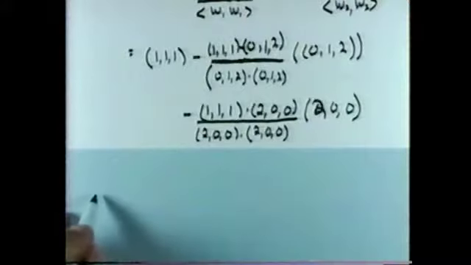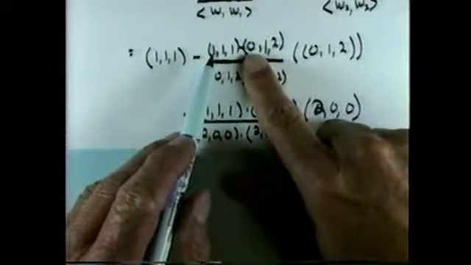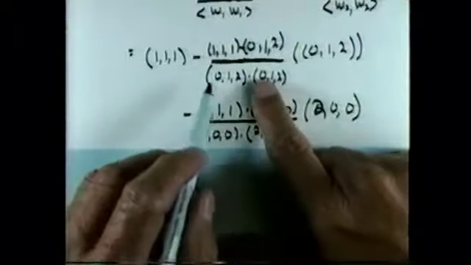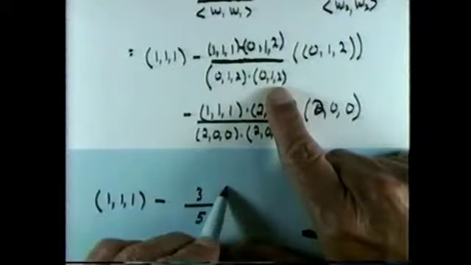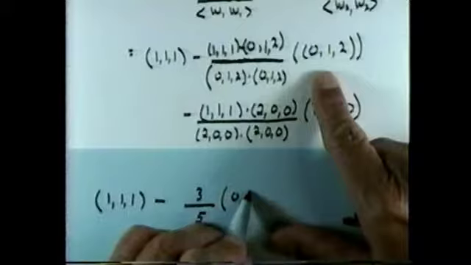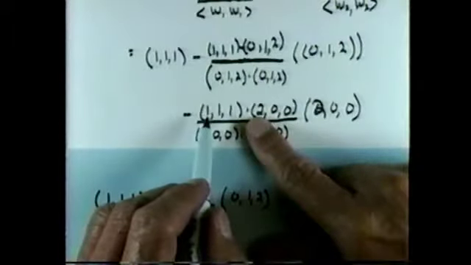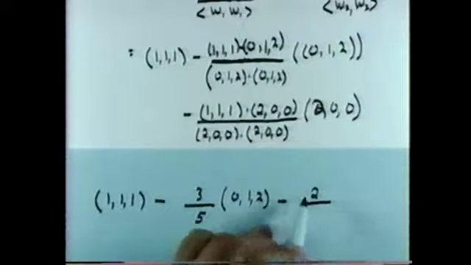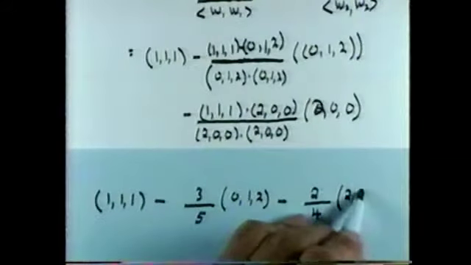Now this is going to be (1, 1, 1) minus, okay, I need to do this dot product, 1 times 0, 0 plus 1 plus 2, so that's going to be 3 over 0 times 0 plus 1 plus 4, it's going to be 5 times (0, 1, 2), minus (2, 0, 0), so that's going to be 2 over 4, times (2, 0, 0).